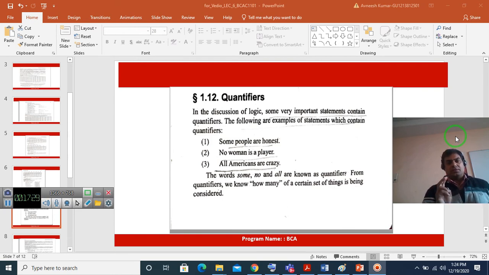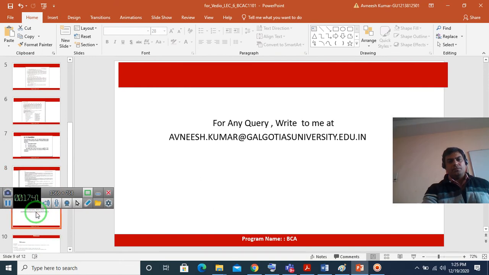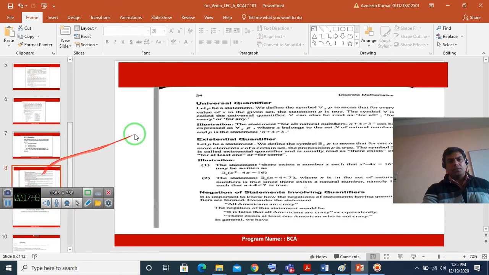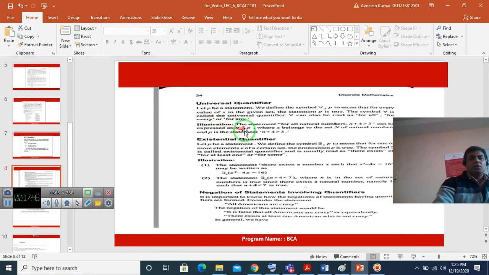Quantifiers basically exist in two types: existential and universal. For the universal quantifier, we use a reversed A, for all values of x.